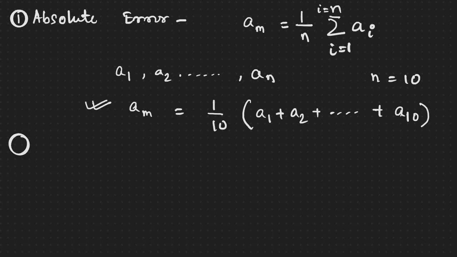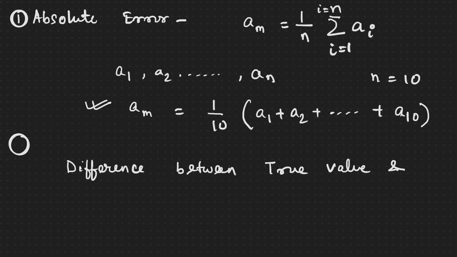So this is actually, absolute error is the difference between true value and measured value. What does it mean? That means I will simply write, this is the error I am talking about and these are the observations we have taken.